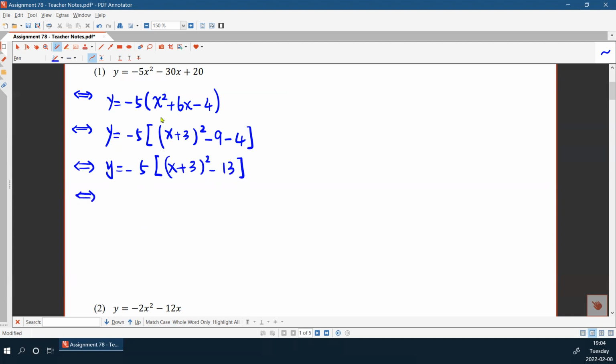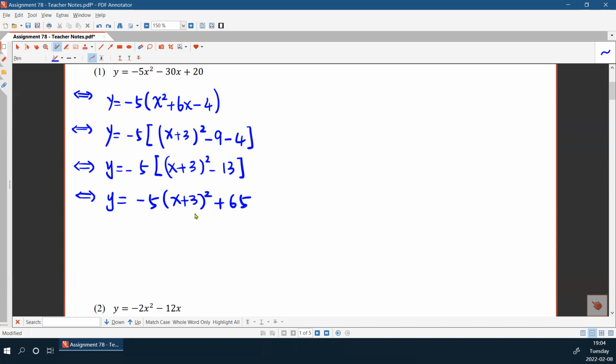Okay, in order to convert it to vertex form, we then need to put -5 back in the brackets, which is -5 times (x plus 3) squared, then plus 65, right? So when you have a negative symbol here and a negative symbol here, you need to pay special attention, because negative and negative will get you positive 65.